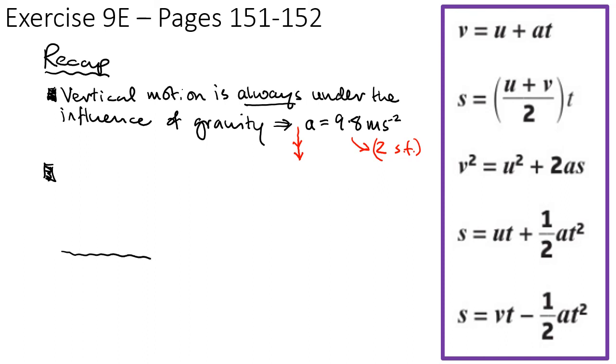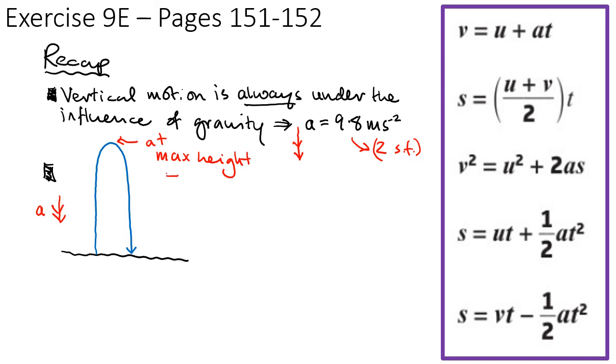So we may have this type of thing going on where you've got something going up and something going back down like that. Gravity is always going down. At this point here, at maximum height, the velocity is 0.